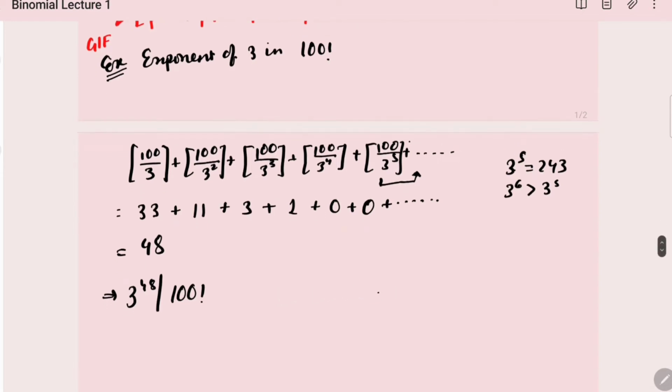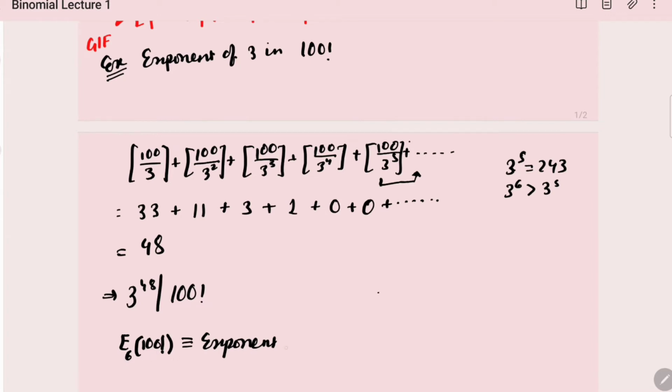So that is what we mean by the statement: the highest power, or exponent, of a prime number in 100 factorial. Now this process cannot be applied directly in case of composite numbers. If I am asking you what is the highest exponent of 6, let me denote it like this: E_6(100!).